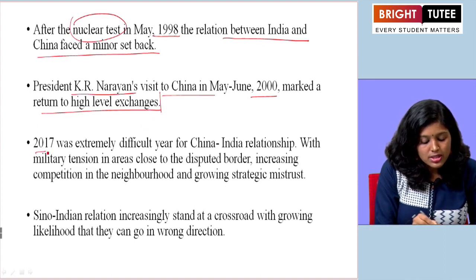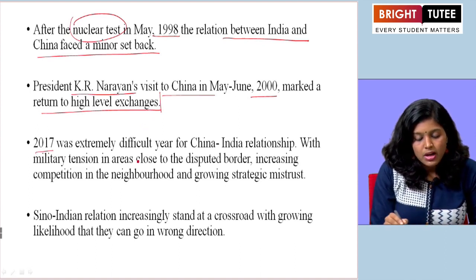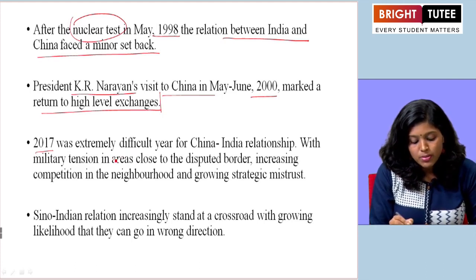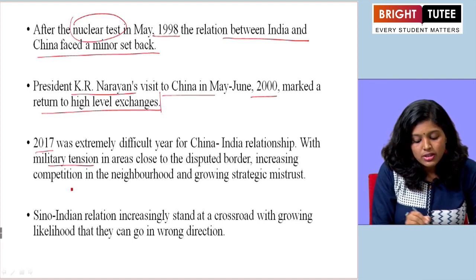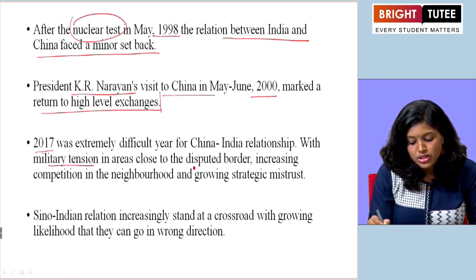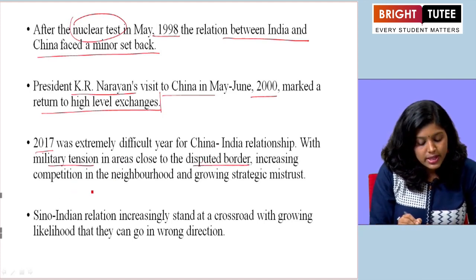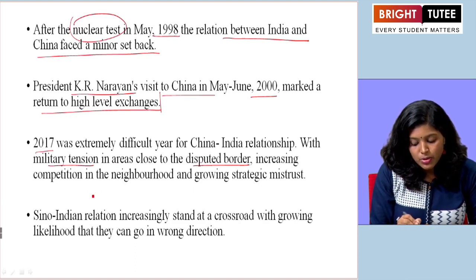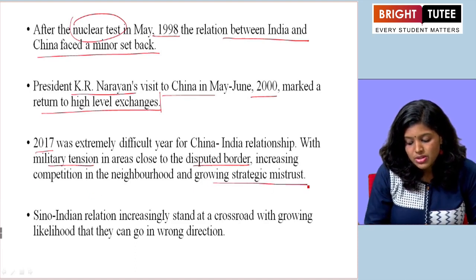And 2017 was an extremely difficult year for the China-India relationship, with military tension in areas close to the disputed border, increasing competition in the neighborhood and growing strategic mistrust.